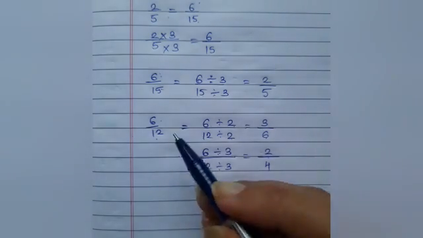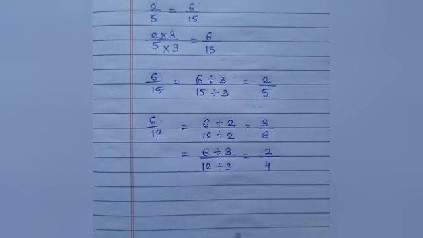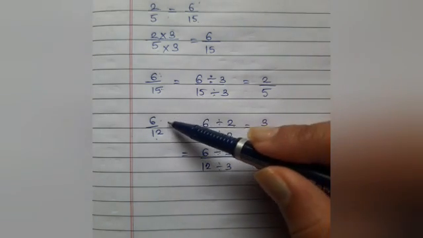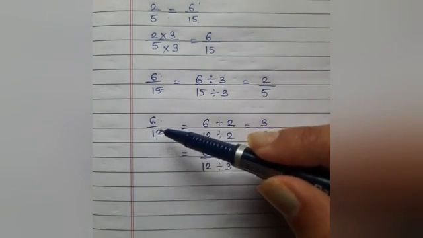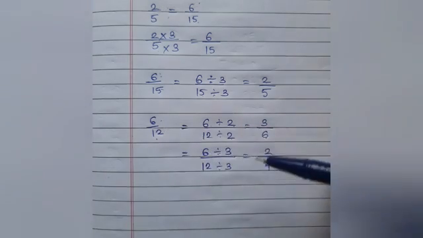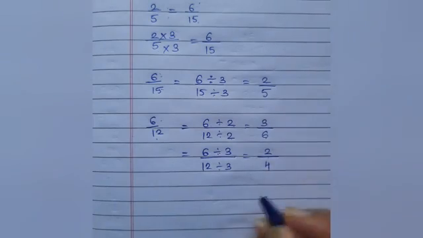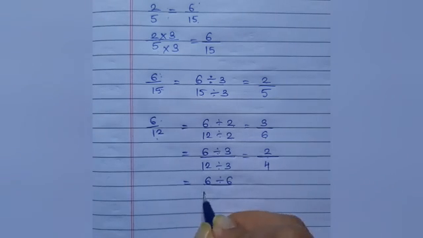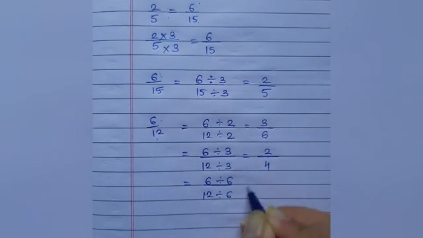Also, the other thing which can be done is, 6 and 12 both appear in the table of 6 itself. So 6 divided by 6 and 12 divided by 6.